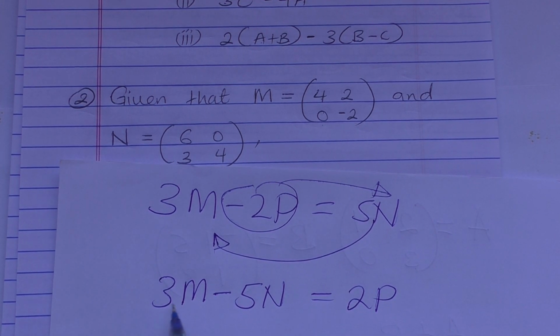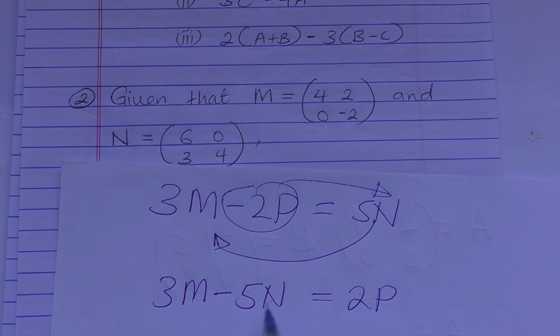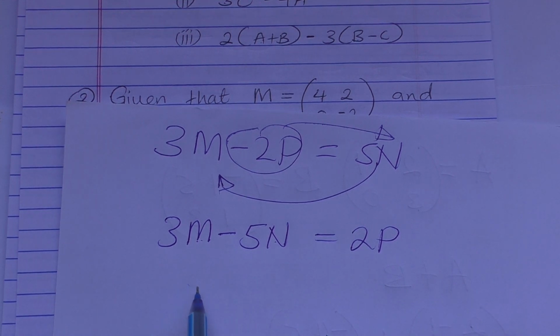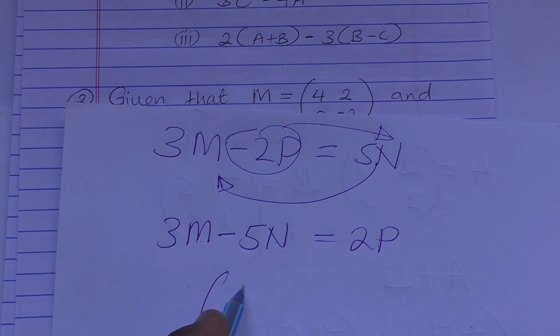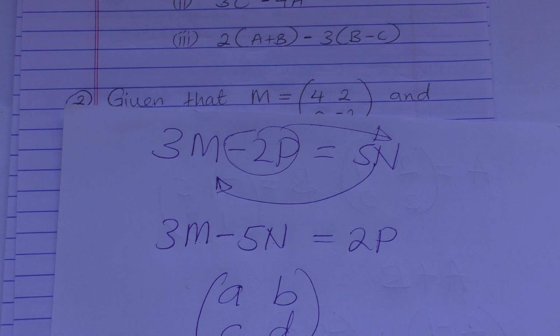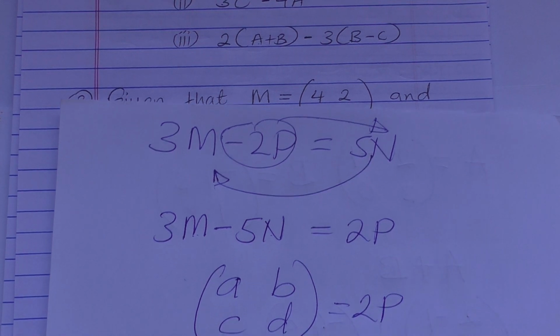So we shall now substitute in our matrices because we have M and N. After obtaining a single matrix, that is after simplifying, let's say our matrix is AB, CD equals 2P.